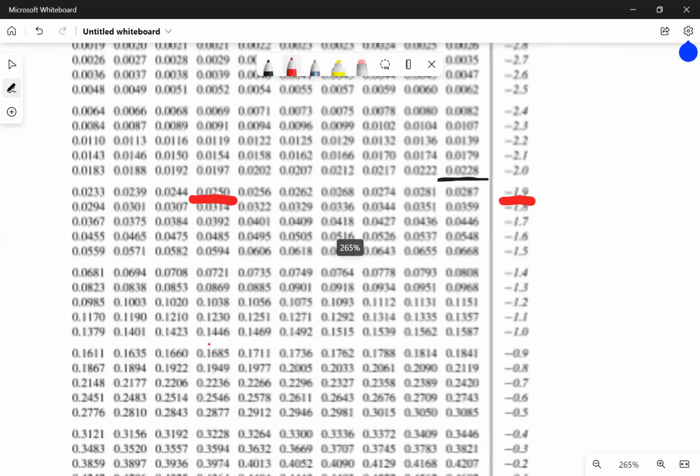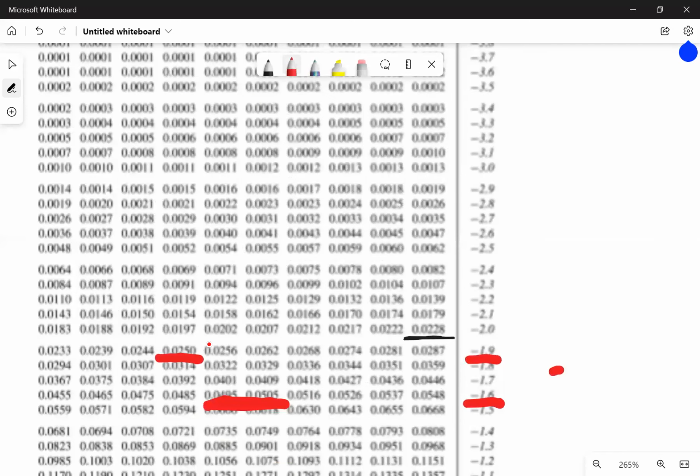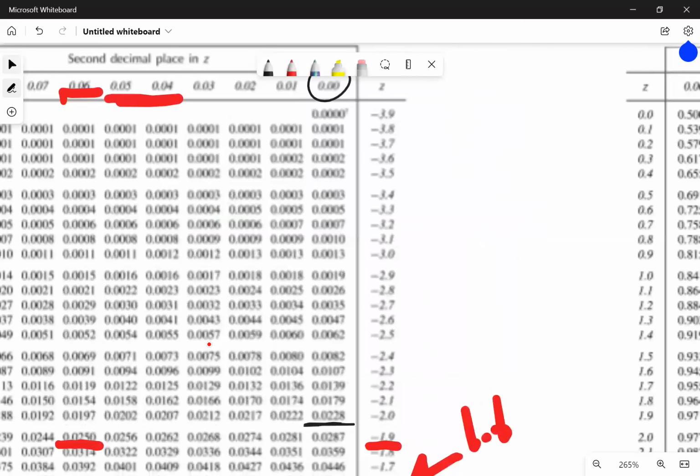And I have 0.0495 and 0.0505. So I have negative 1.6, but I need to go in the middle of these two because they're the same distance away from 0.05. So I come up here and it's between these two. So it is 1.6, and it's between the 4 and the 5.